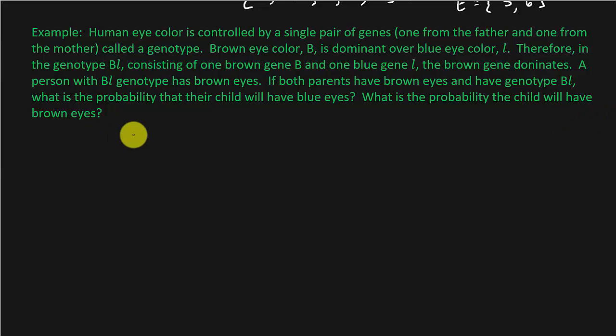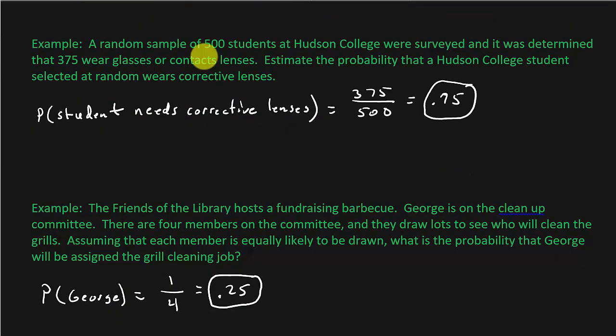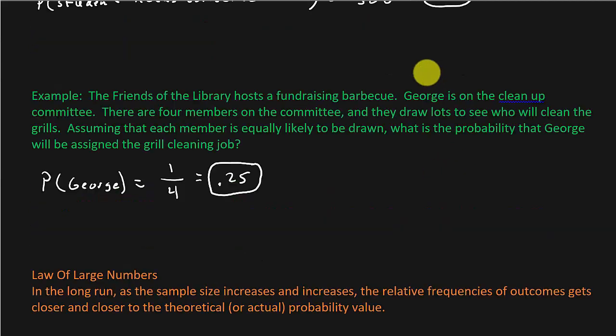All right, so in this problem, they don't tell us, like they did in the first two examples that we worked, how many successful outcomes there are, how many possible outcomes there are. In those two previous examples, they gave us the number of possible outcomes, which is 500, and the 375, which was the number of successful outcomes.